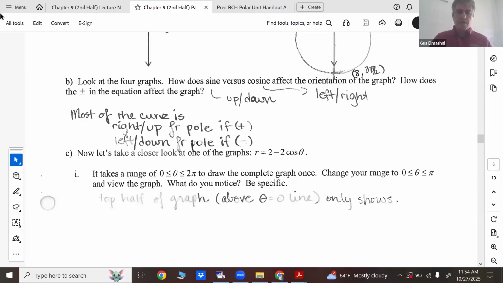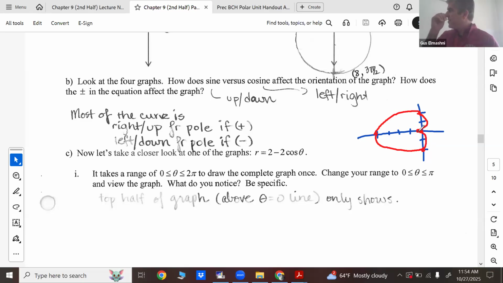And let me redraw it for us. It's not too bad.